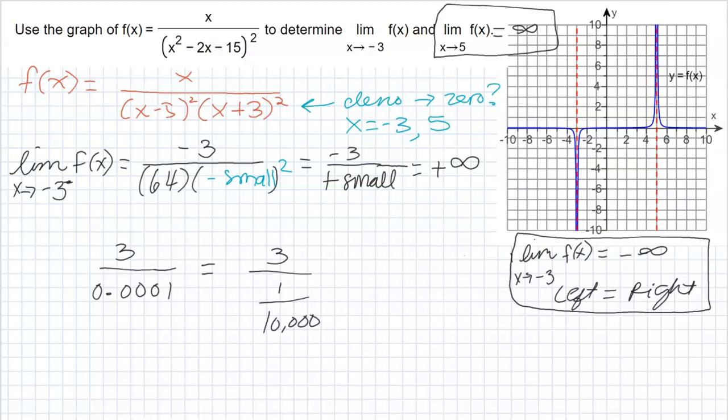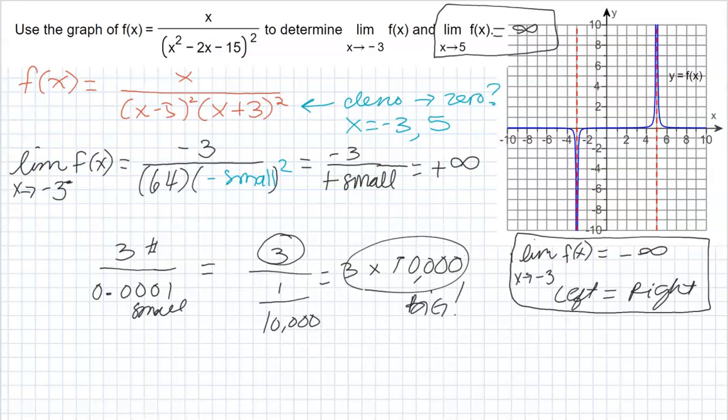And then to divide by a fraction, you would keep the first number the same, and then you flip the other number over, so that would be 30,000. You see how a constant divided by small is going to be big, right? So that's the concept that we are dealing with here.